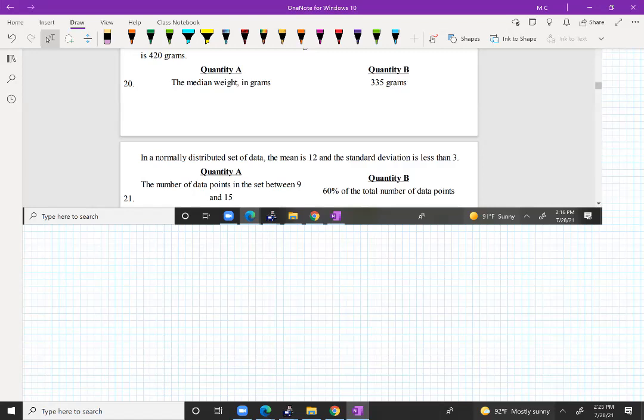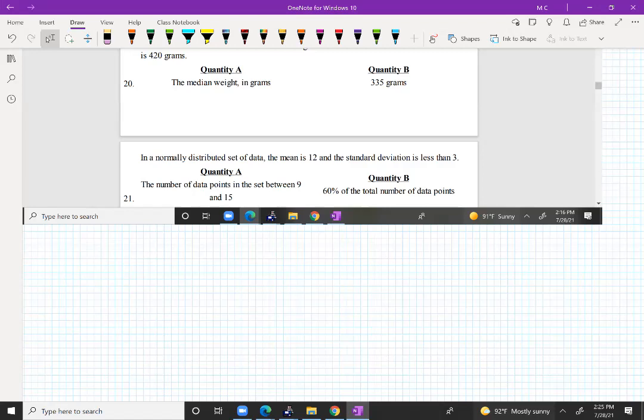A is greater. How? I'm just not sure. I understand, but I just don't see. What if it doesn't tell you a minimal standard deviation? How do you know?